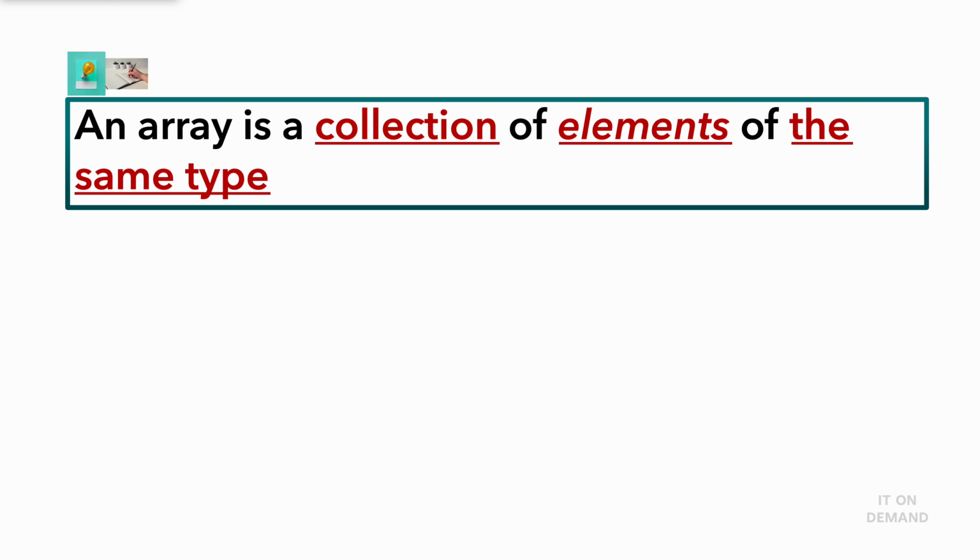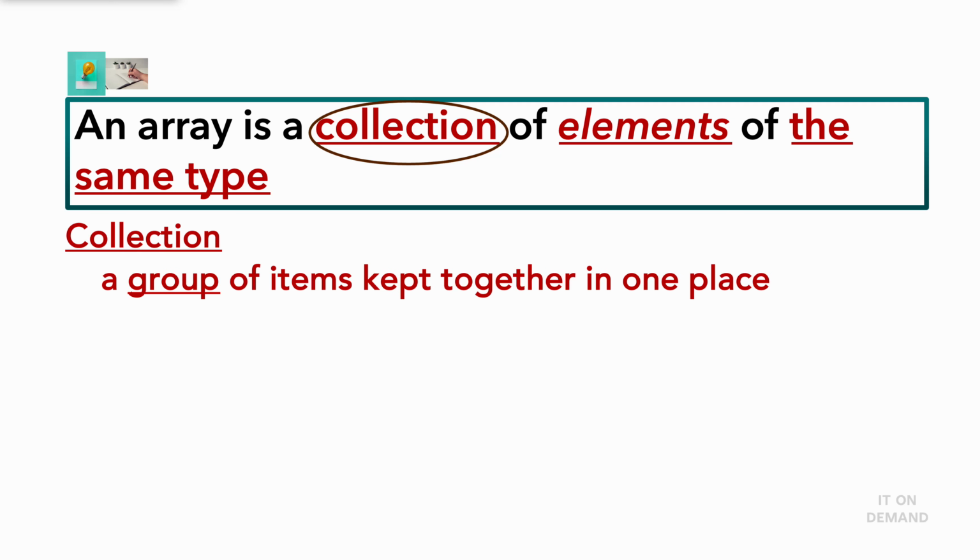Now let's dive a little bit deeper into this definition. We said an array is a collection of elements of the same type. And let's focus on this collection to begin with. A collection is just a group of items kept together in one place. And so what we mean is that an array is always a group of something.